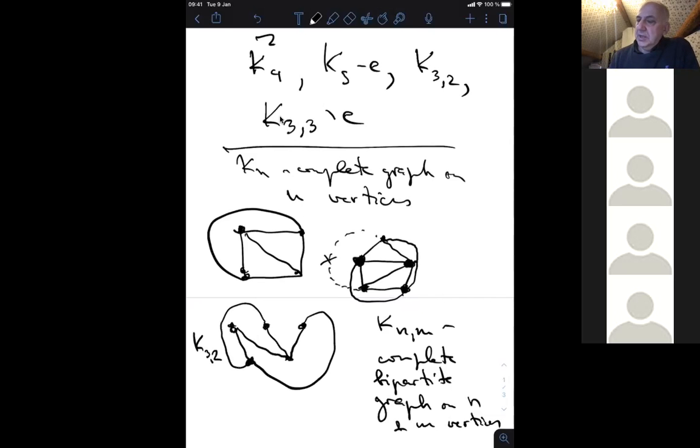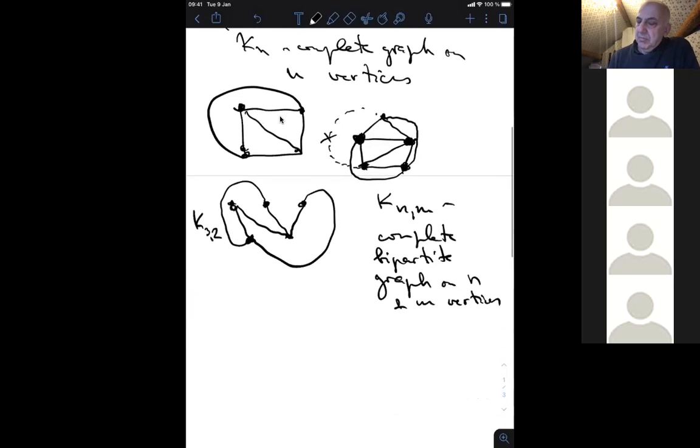Now the last thing is K33 itself, which cannot be realized as a planar graph. That's what this theorem is about. But if we skip one edge, we can do this. So let's try. We do that. Now we try to connect.